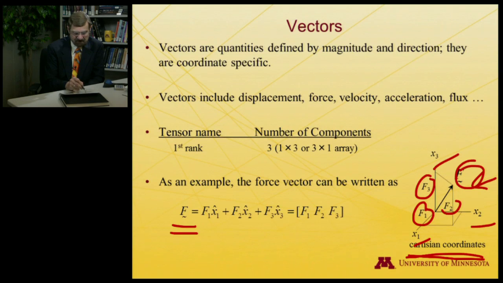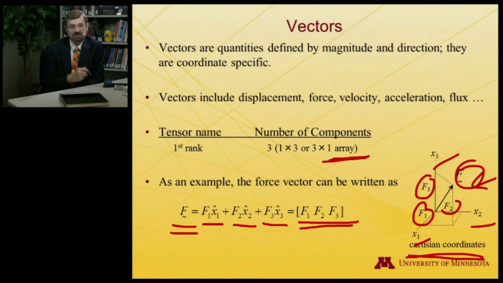And I can break it out into its three components, F1, F2, and F3, written as multiplying by the unit vectors in the 1, 2, and 3 directions. And it's often written again as an array, as I set up here. And we could write that out as three components, F1, F2, and F3. So they're all the same notation, or all the same concept, just written out in different notations.